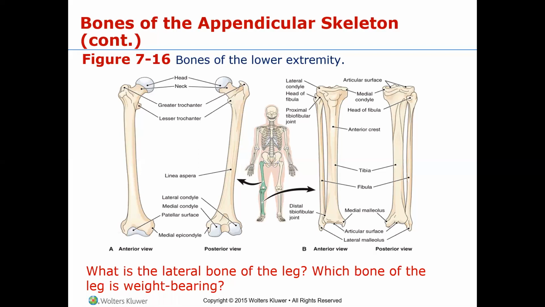On the fibula, the lateral side is the lateral malleolus, and then on the tibia, the medial side, towards the interior or the midline of the body, is the medial malleolus. So that's part of our ankle.